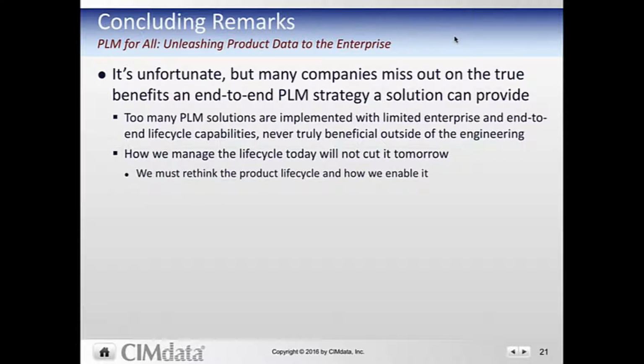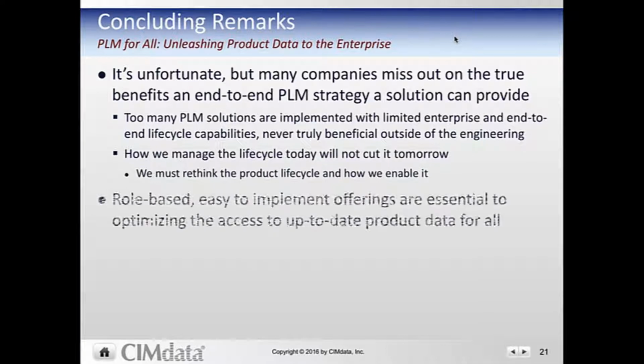Because many solutions to date really have been implemented in a very limited fashion and not as end-to-end as they need to be. And we need to manage the lifecycle differently, because if we continue to manage it the way we do today, most companies, again, fall short. So rethinking is very important for industrial companies as well as the solution providers that are enabling them.